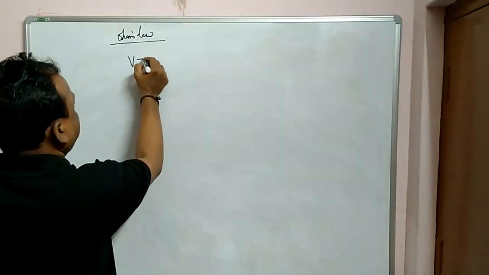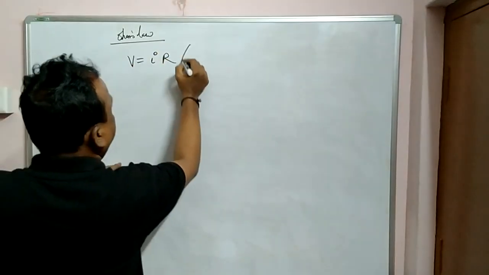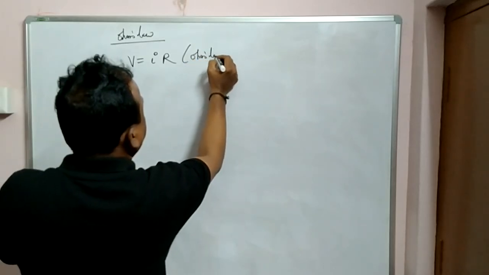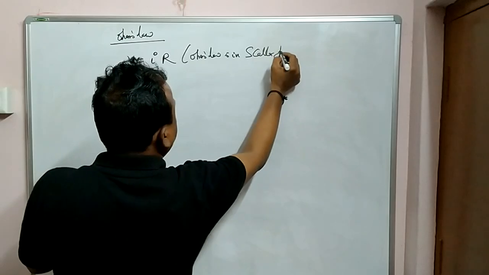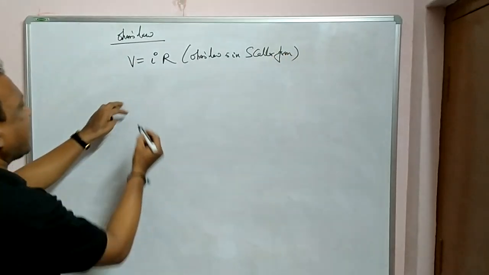See, this V is equal to IR, Ohm's law, is in scalar form. This formula is a scalar form.